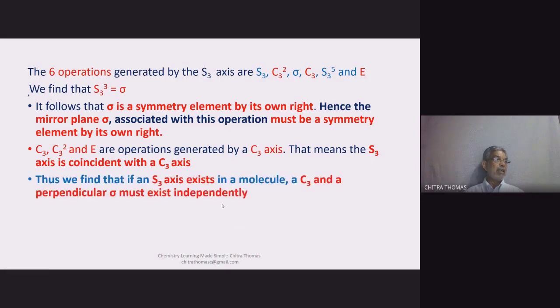Thus we find that if an S3 axis exists, a C3 and the perpendicular sigma must exist independently. But if an odd order Sn axis exists, the Cn and sigma must exist independently, whereas for an even order Sn axis, Cn and sigma will not exist independently. This particular result will be used when you assign point groups to certain molecules.